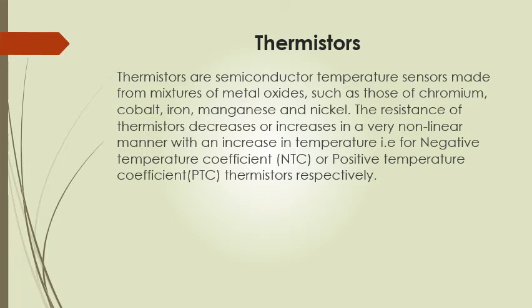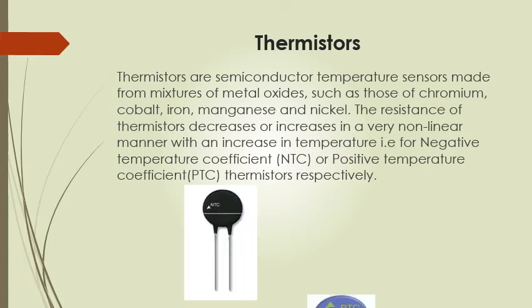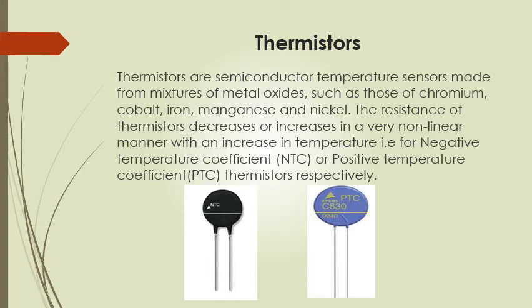The ones that decrease with an increase in temperature are referred to as negative temperature coefficient thermistors, the NTC thermistors, and the ones that increase with the increase in temperature are known as positive temperature coefficient thermistors. So that is how they look in a circuit. You can be able to point out.